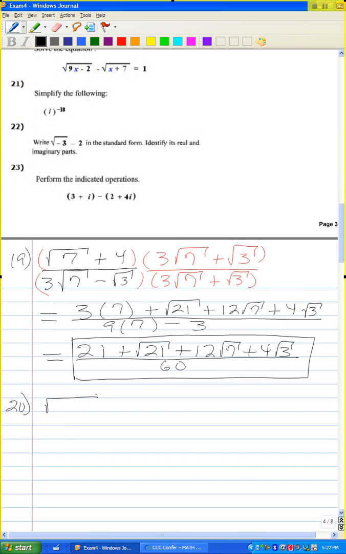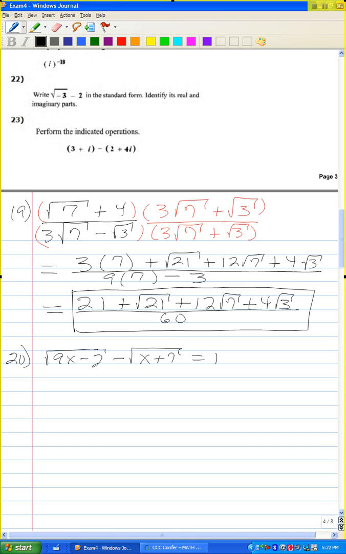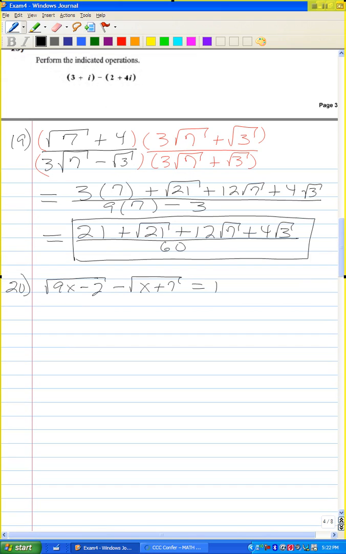Radical 9x minus 2 minus radical x plus 7 equals 1. Let me isolate one radical on one side of my equation, the most complicated one. So I will isolate the radical 9x minus 2 on one side.